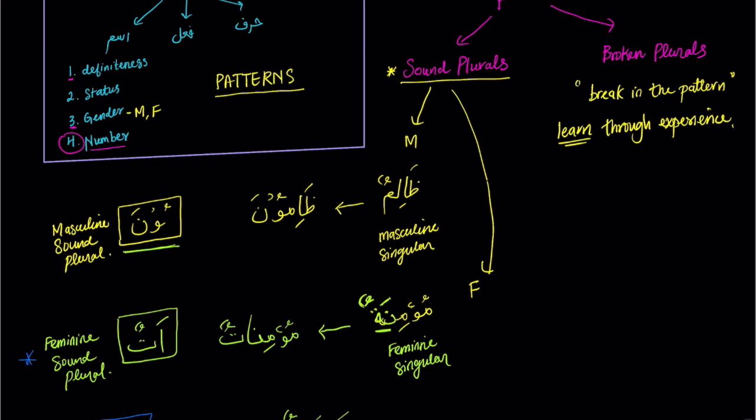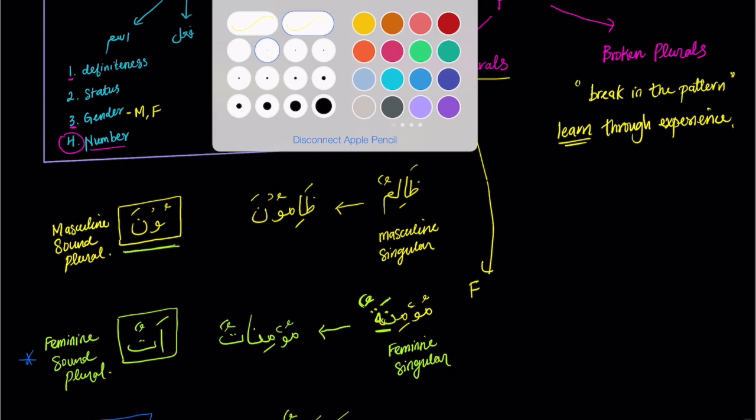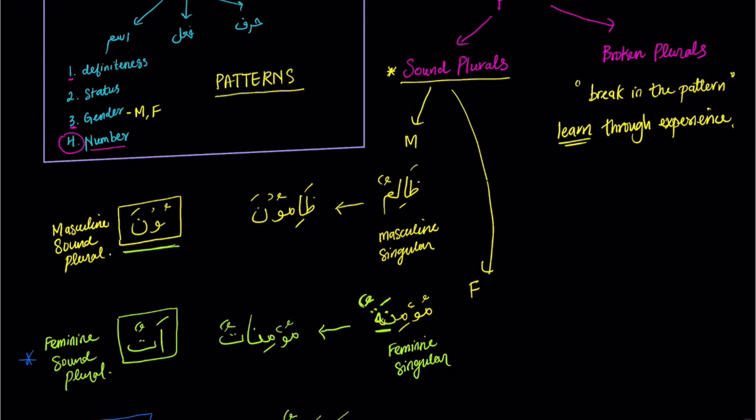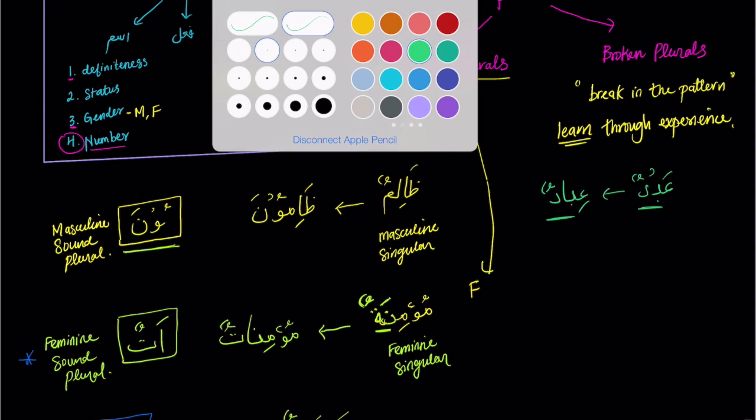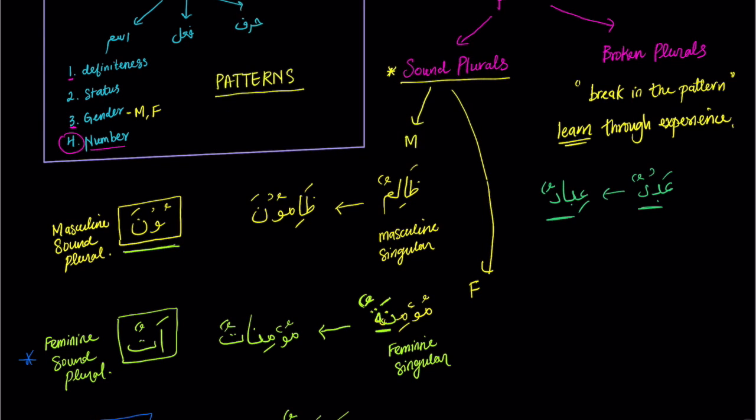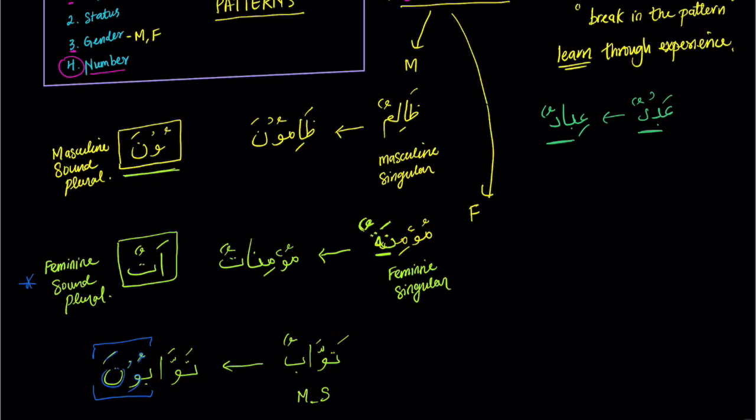I will give you a few examples. For example, the word abdun, which means slave, the plural for it is ibadun. See how there's not really a specific pattern here, because this is not a feminine word, but it's not really having a specific pattern like the masculine sound plural.